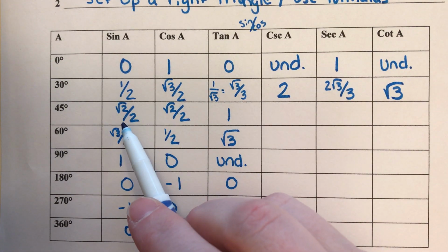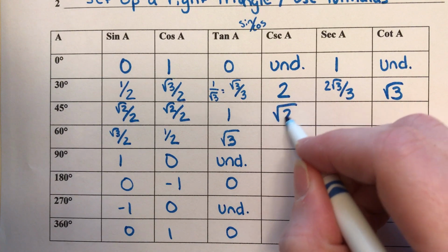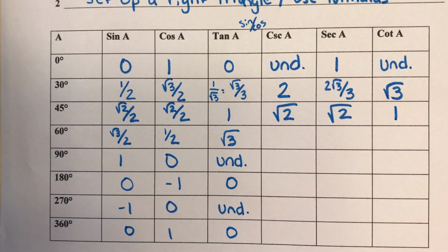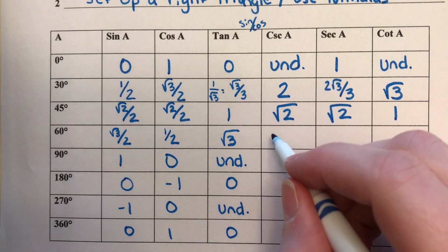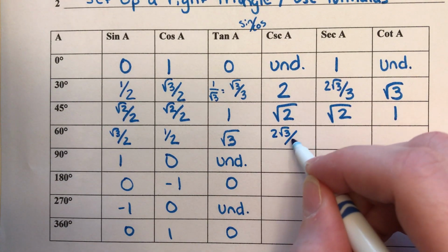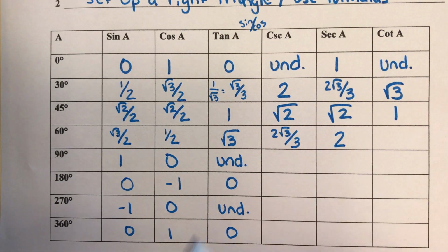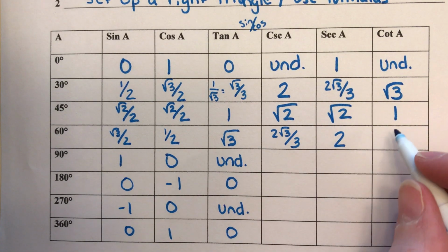Cosecant of 45. 2 over root 2 becomes 2 root 2 over 2, which is just root 2. Secant would be the same, and the reciprocal of 1 is 1. Cosecant of 60, 2 over root 3 would be 2 root 3 over 3. Secant would be 2. And then if I flip root 3 over 1, that becomes 1 over root 3, which is root 3 over 3.